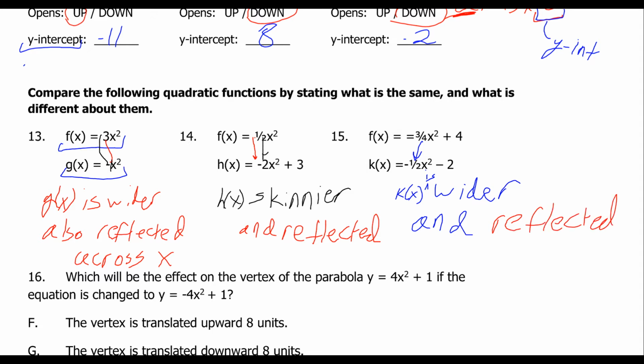Also, we're going to mention that the y-intercept, this number on the end, has changed. So the y-intercept has changed.